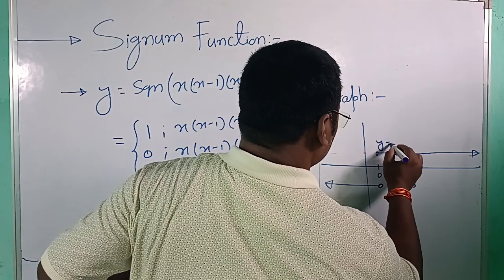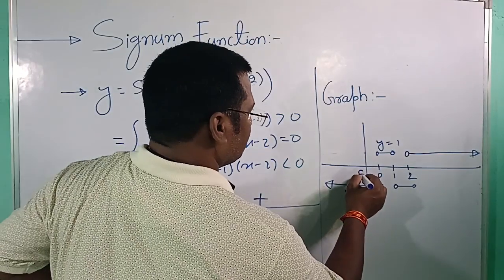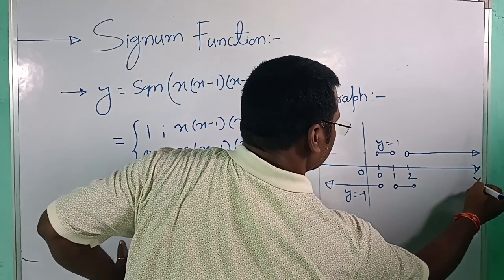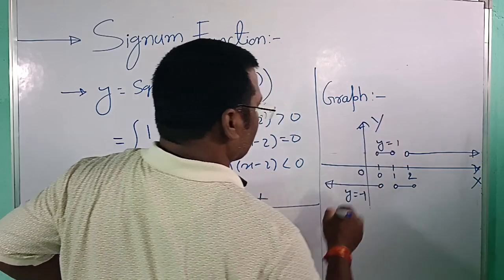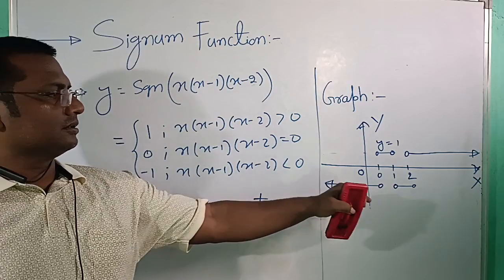This is y equal to 1. This is y equal to minus 1. This is 0. This is x. This is y. So this is the graph of this signum function.